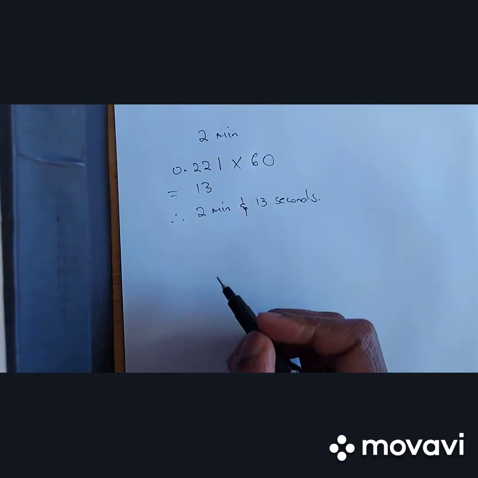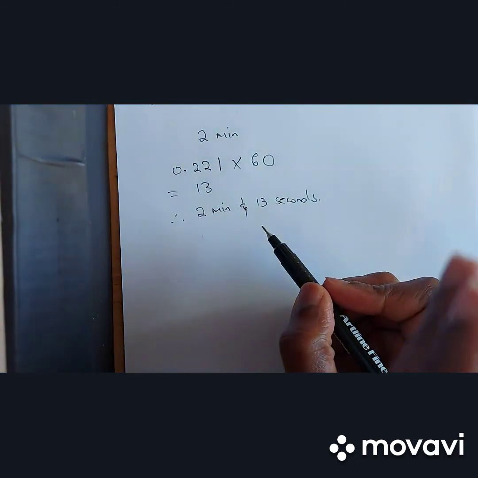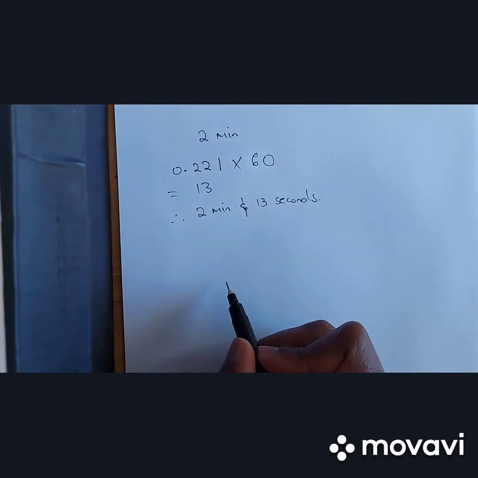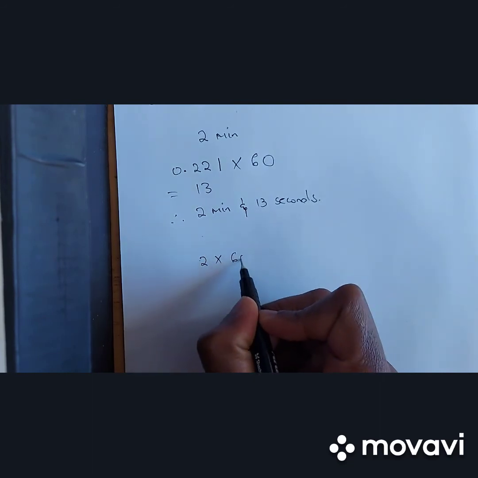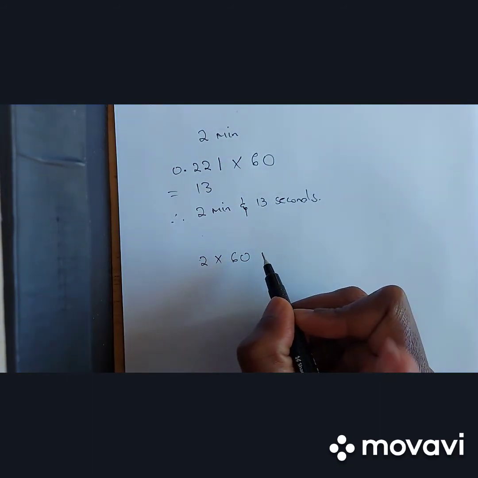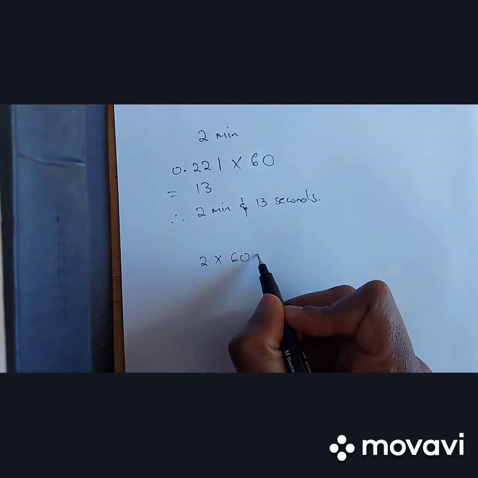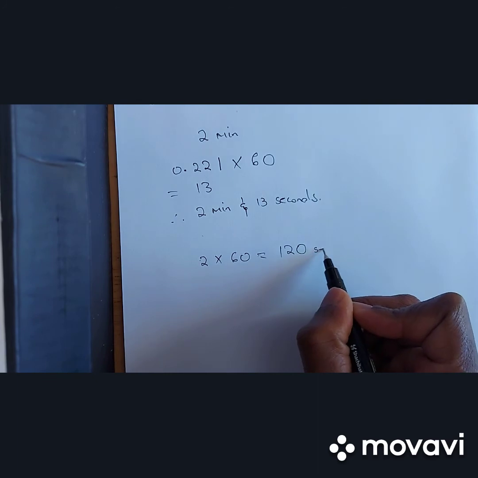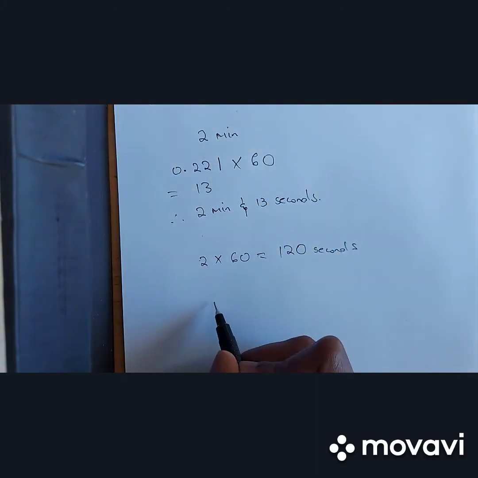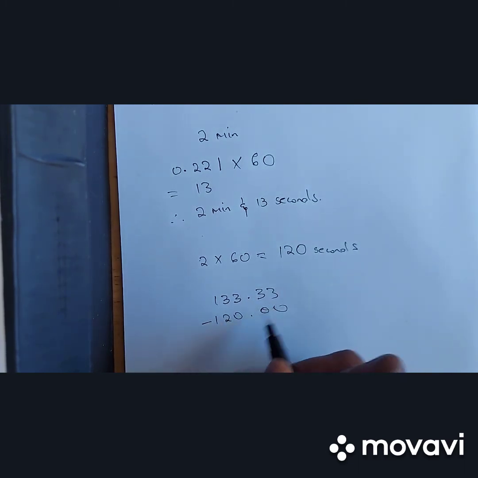We can also find the number of seconds that are remaining after division by simply saying 2 times 60, the 2 minutes in 133.33 seconds, which gives us 120 seconds. So 133.33 minus 120 seconds gives us 13.33.